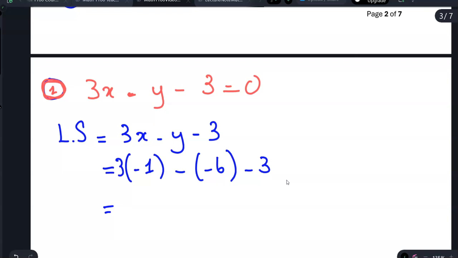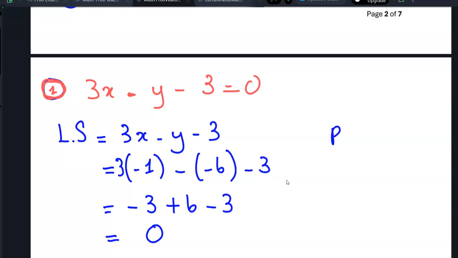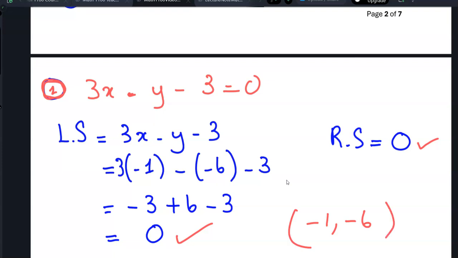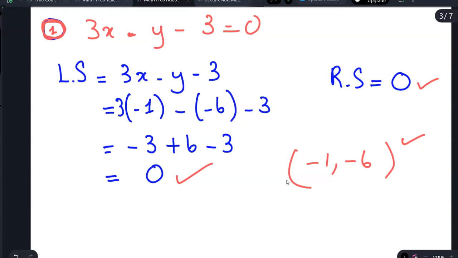So we have negative 3, positive 6, minus 3. So this will give me 0. And the right hand side is also equal to 0. Therefore, negative 1, negative 6 is the solution for linear equation 1.